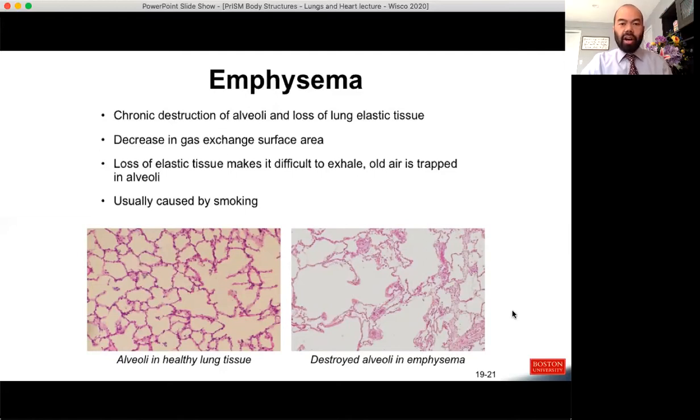And that causes all sorts of different problems, one of which is the recoil mechanism that helps air move out of the lungs is destroyed, which ends up trapping air in the lungs. And then, of course, if we have diminished numbers of respiratory membranes, then the gas exchange is also compromised.